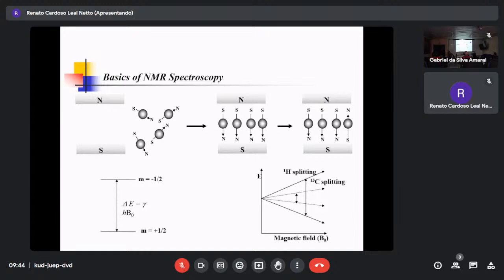Then why do we need to align them? Here, north is our magnet and this one is the south. Then everything is like this, right? But in nature, it's not like that.